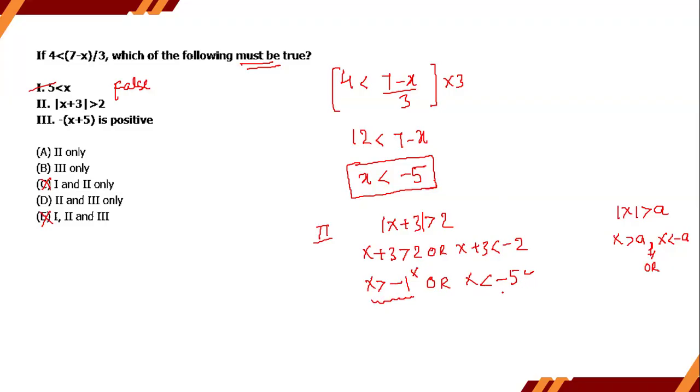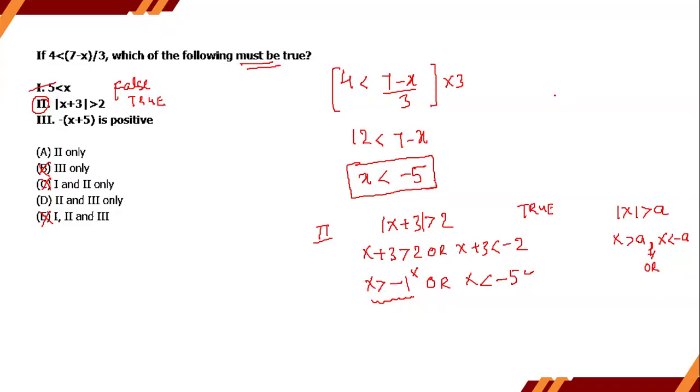Hope this is clear. So this is again always true, which means we can eliminate answer choice B. Any other we can? No, we cannot. And we have to check option 3.